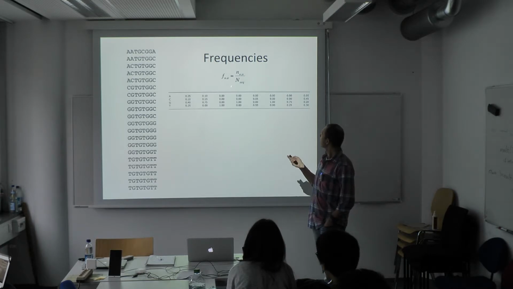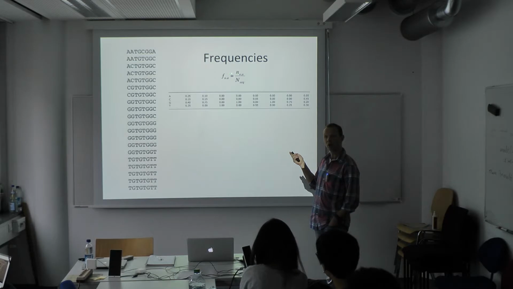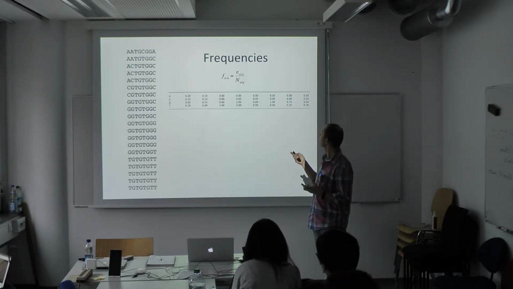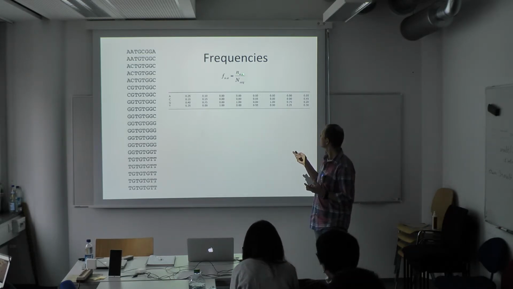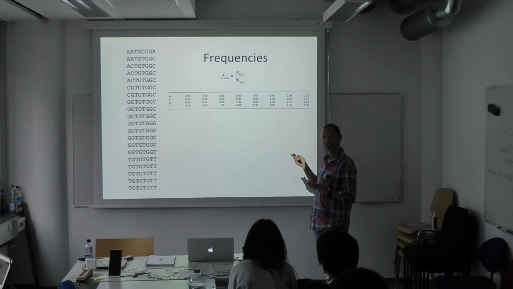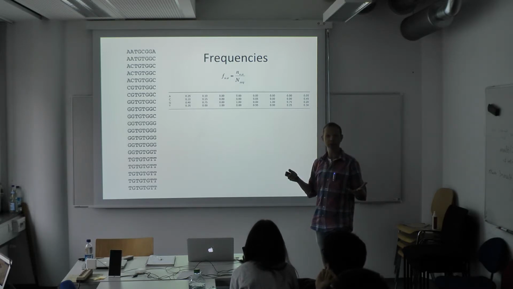First, frequencies are easy to determine. We just take the number of a particular letter that we see. So this is an index that I use for the particular identity of the letter, and then there is an index for the position in the alignment. And then we're going to divide that by the total number of sequences.